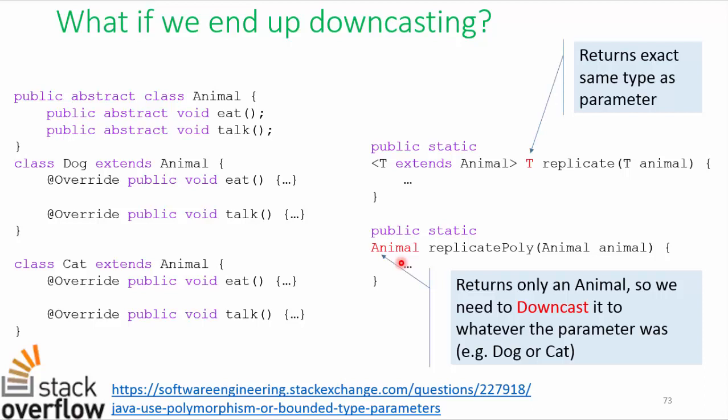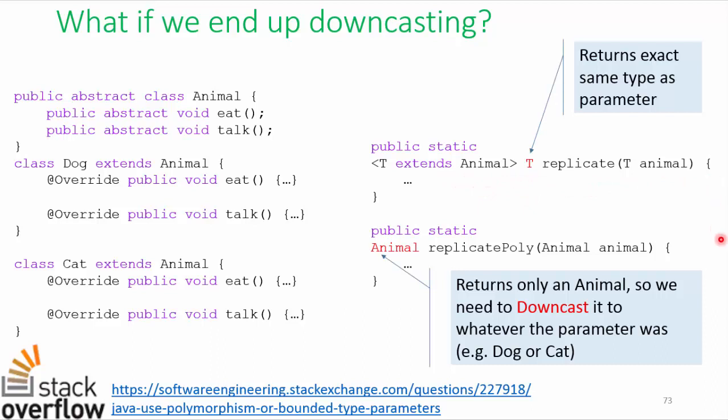So it's kind of like going backward. We're doing things by hand. We need to keep track of what we send to the method and cast it appropriately. So it sounds like a good case where generics could help. And yes, they can, and they will, if we use a bounded type parameter.